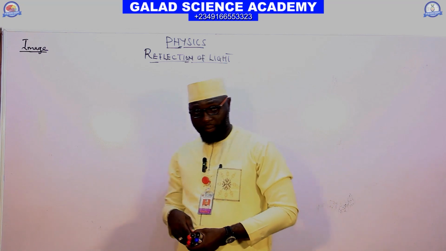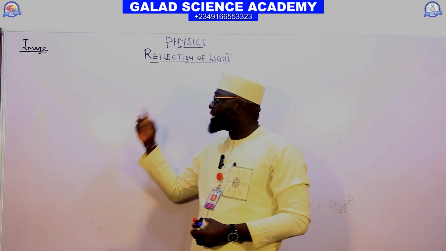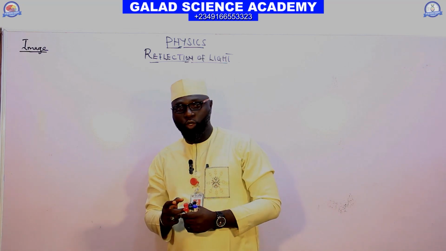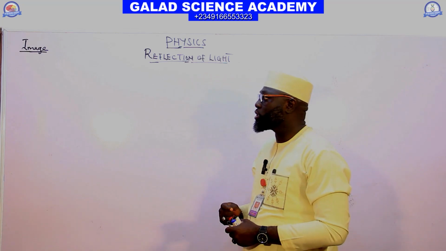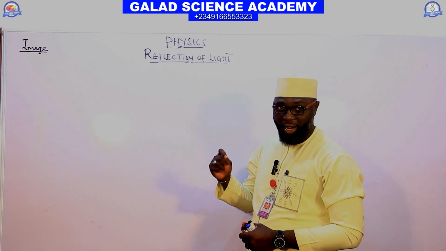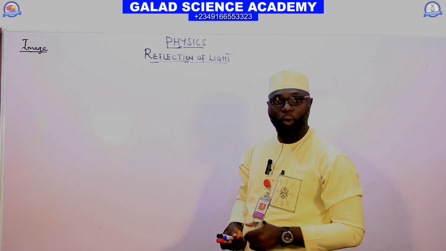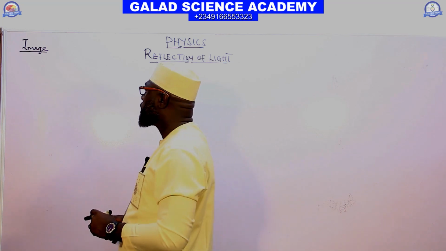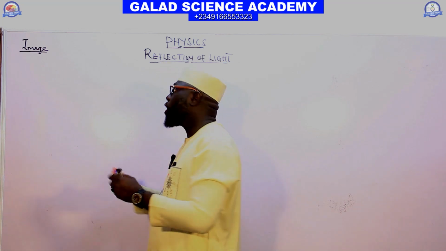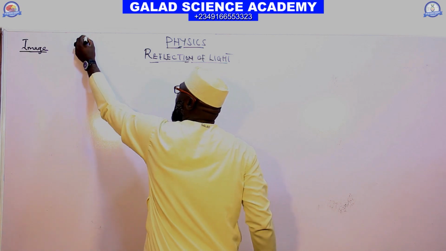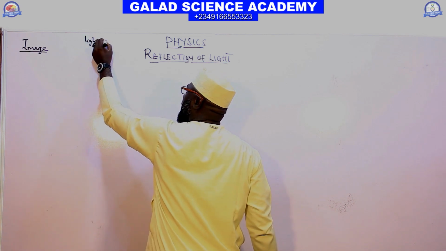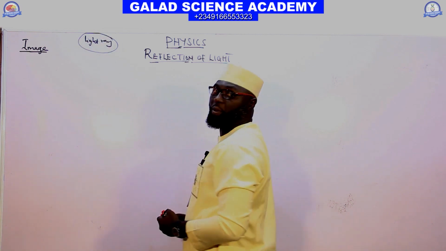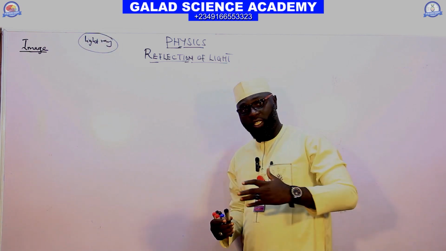Image can be defined as a copy of an object produced with the aid of light ray. So we use light ray to produce image, the copy of an object.